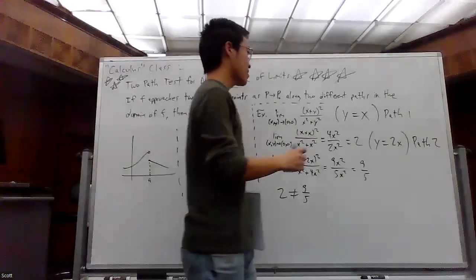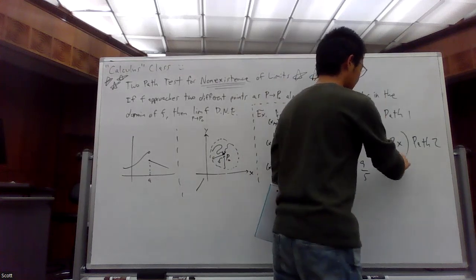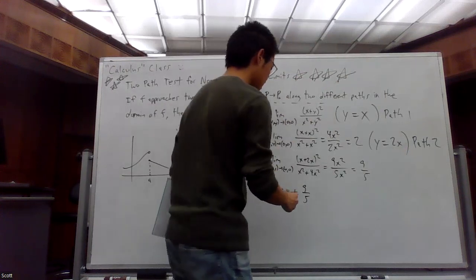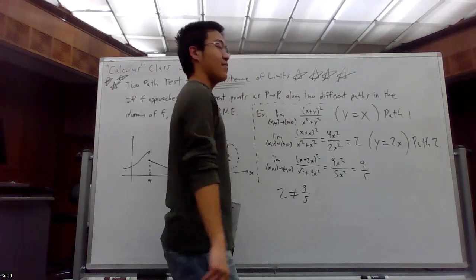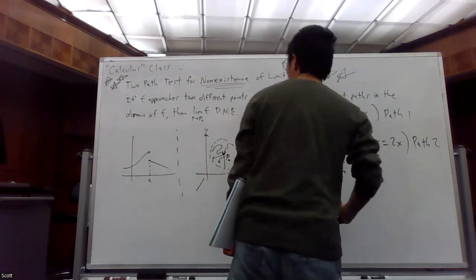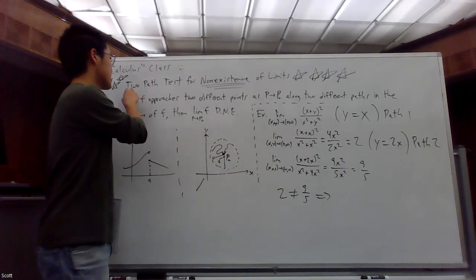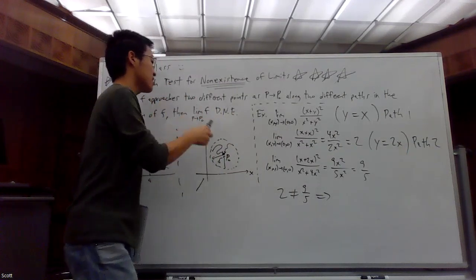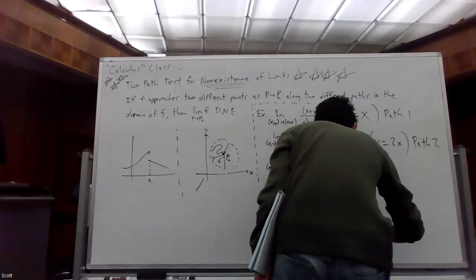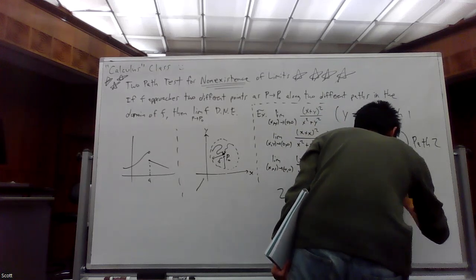So the easiest way to do it is to always start by saying y equals x. And then the hardest part of the question is just finding a convenient second path to test that isn't going to be algebraically disgusting. The idea is 2 is not 9/5 as far as I'm concerned. So this lets us conclude. And when you do something like this, you always have to cite your theorem, the two-path test. So the limit does not exist by two paths.